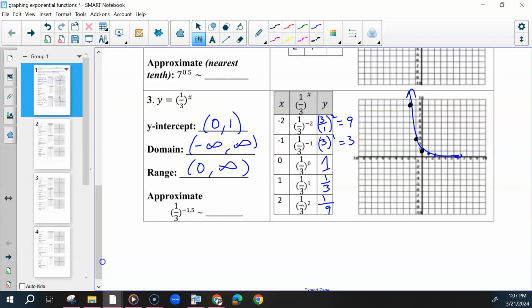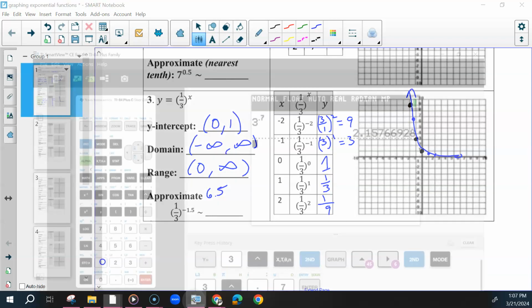And then if I were to approximate this, -1.5 would be somewhere right here. So I could say that's maybe 6.5. And these are just guesses until I actually put it in the calculator.